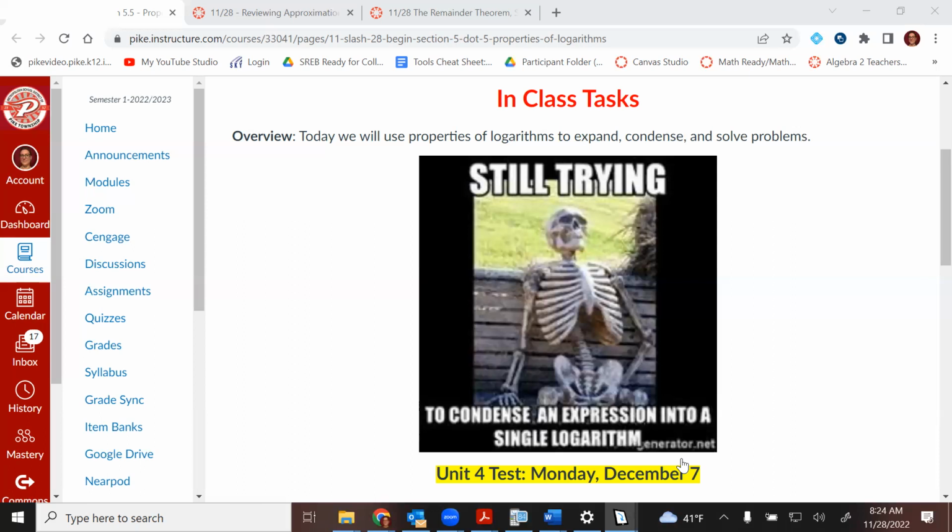Can we evaluate log base 5 of 25? What is log base 5 of 25? 2. So I have 1/4 times 2. What is 1/4 times 2? 1/2. Or if you wanted to write that as a decimal, it would be 0.5.